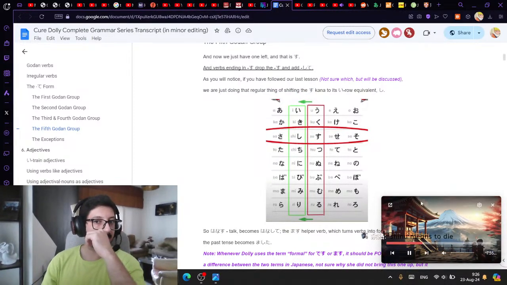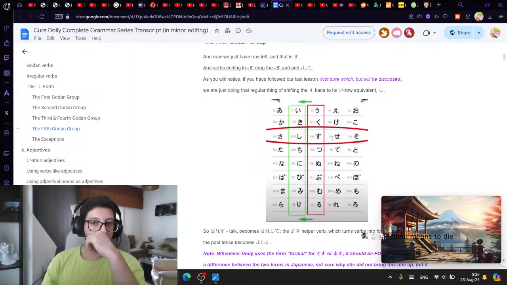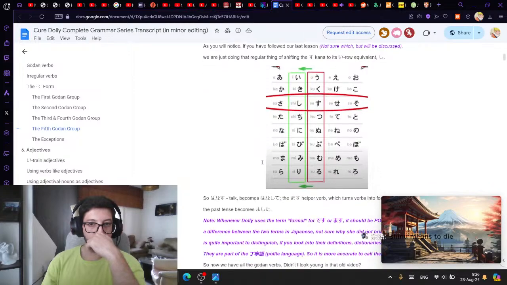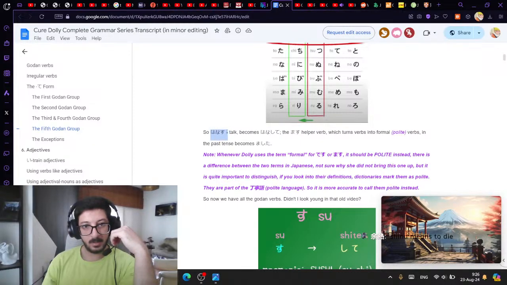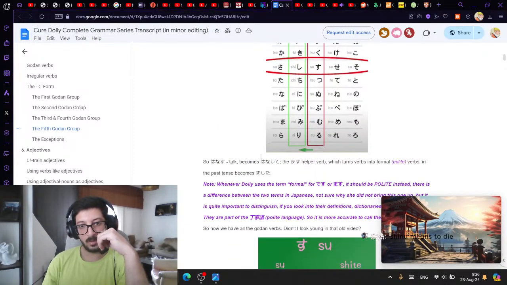Su becomes she. So hanasu, talk, becomes hanashite. We replace the su with its equivalent in the e row, she. Basically you replace the su with shite, hanashite.